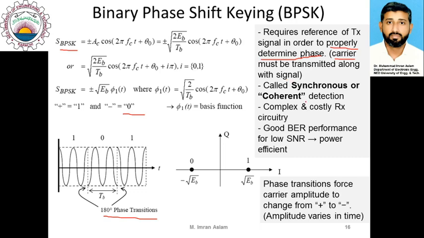This type of detection at the receiver side is named synchronous or coherent detection, which is generally a complex and costly receiver circuit. But the good thing is that it has very good BER performance even for low signal to noise ratios. So BPSK has very good power efficiency.